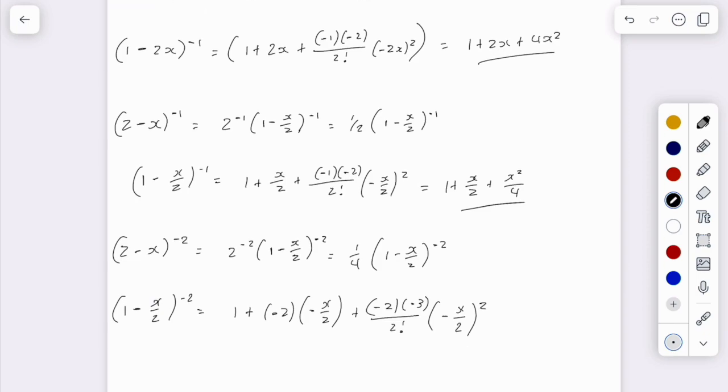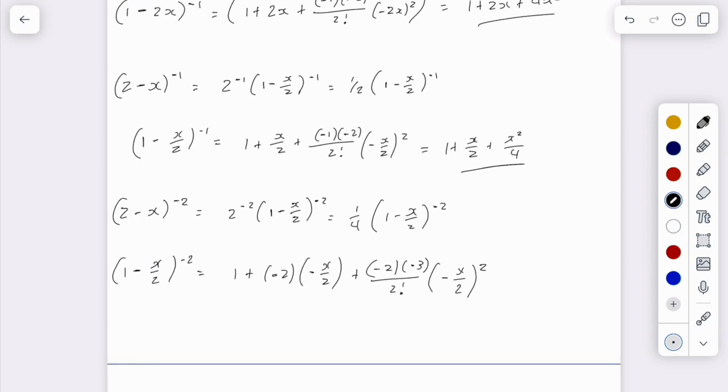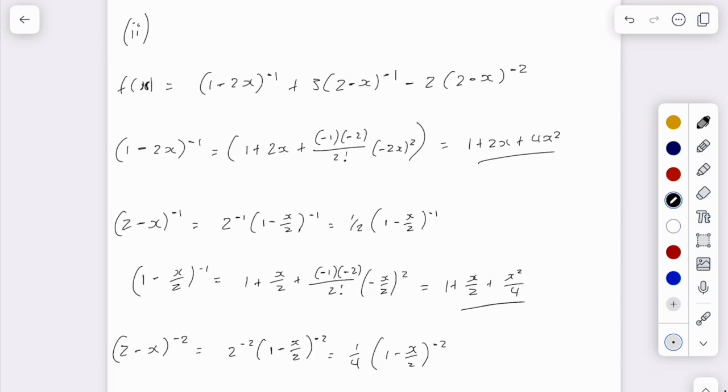Okay, because remember we're only going up to x squared, which is going to give us 1 plus x plus 3/4 x squared. Brilliant. So now we've done the legwork here, guys.